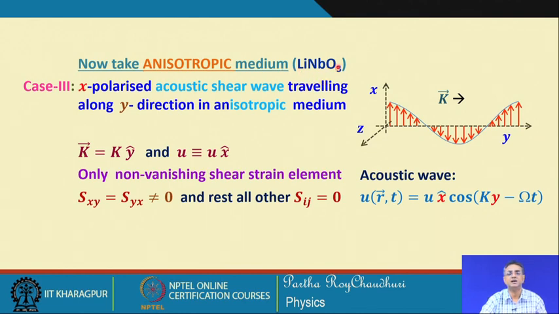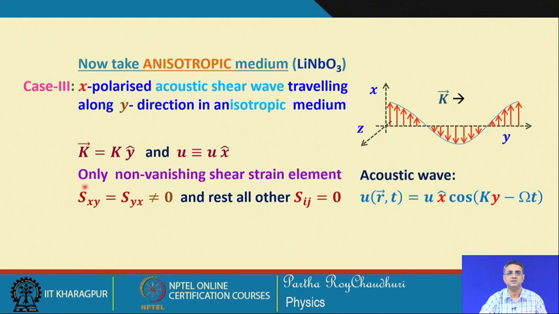So, we consider lithium niobate, which is a very important anisotropic crystal with many other properties. In this case the acoustic wave is travelling along the y direction and it is polarized in the x direction.